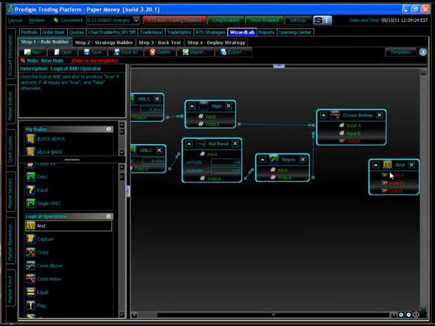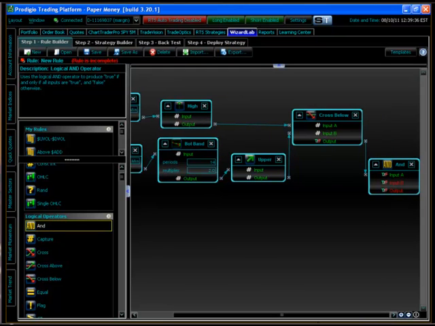Now you'll use AND a lot. You'll use AND to join a lot of conditions together. And I'm basically saying I want the high price to cross below the upper Bollinger Band, and I want one more filter condition. I want to make sure that my RSI is greater than 50%. In other words, it's not overly bearish.